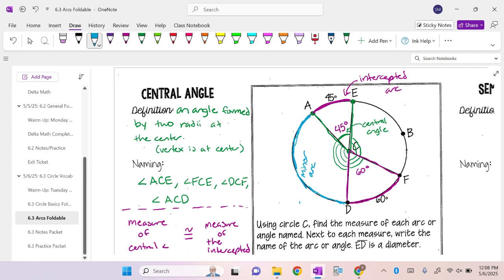When you get halfway, or in other words, when you get to the other endpoint of which segment? What segment cuts a circle in half that we just talked about? The diameter.